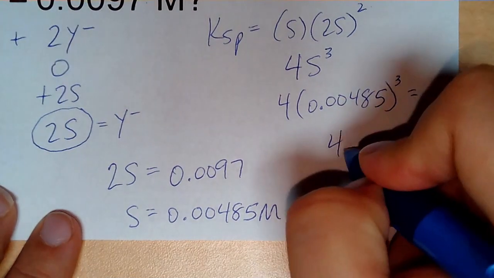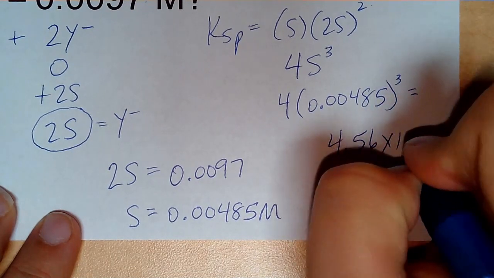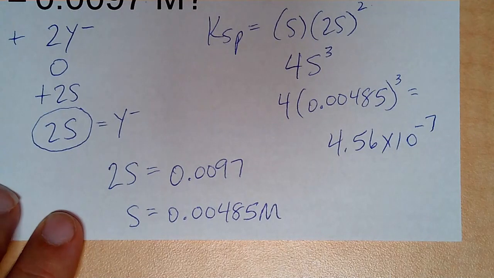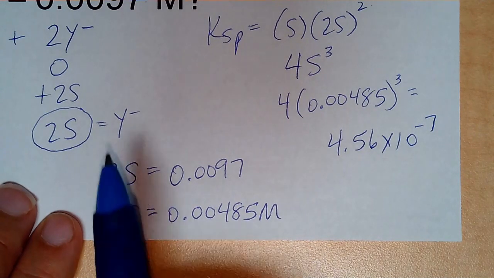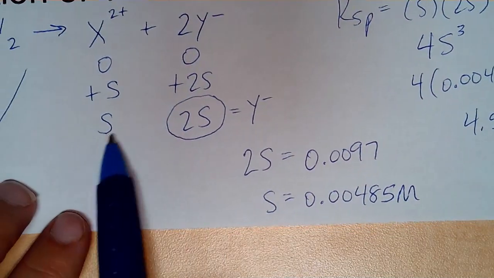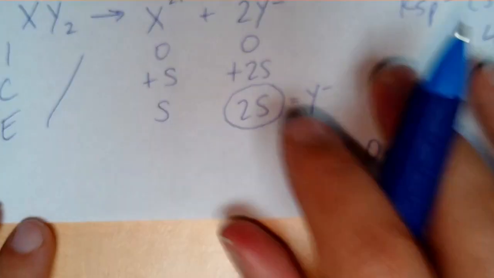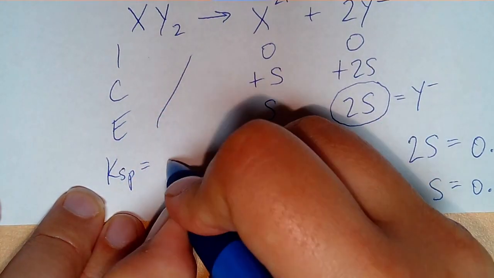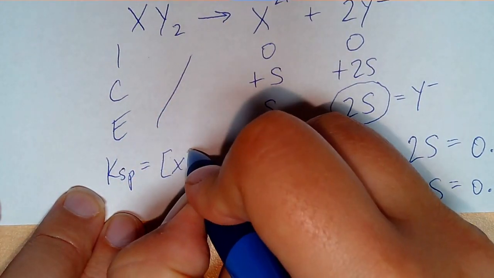Alright, another way you can do it, since you know what Y minus is, you can also think of it this way. KSP is going to be the concentration of X times the concentration of Y minus squared, right? That would be our KSP expression.